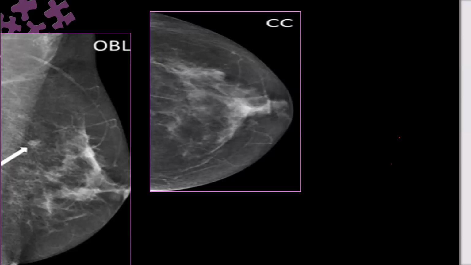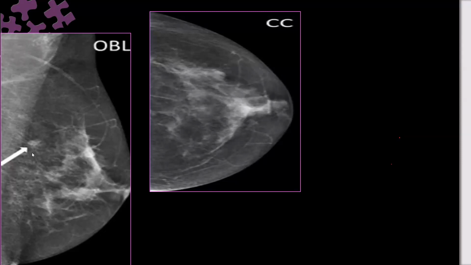Can I explain this point to you, my dear? When you do extended lateral CC or exaggerated lateral CC, that means you expect the lesion to be on the lateral side, not to see whether the lesion is lateral or medial.